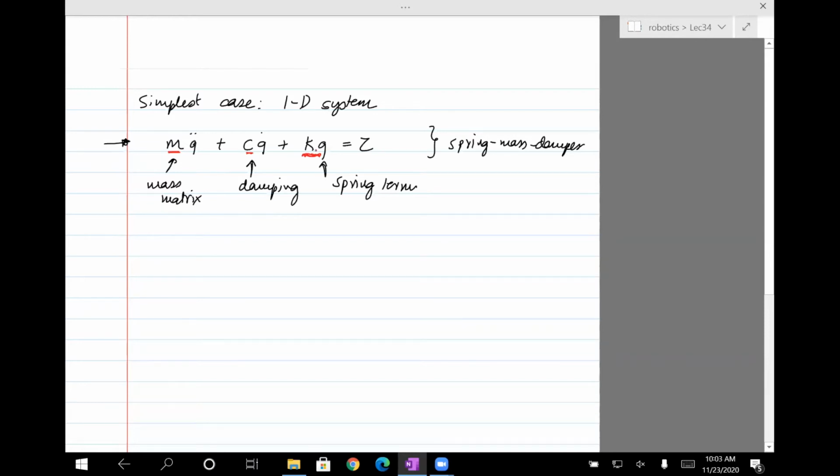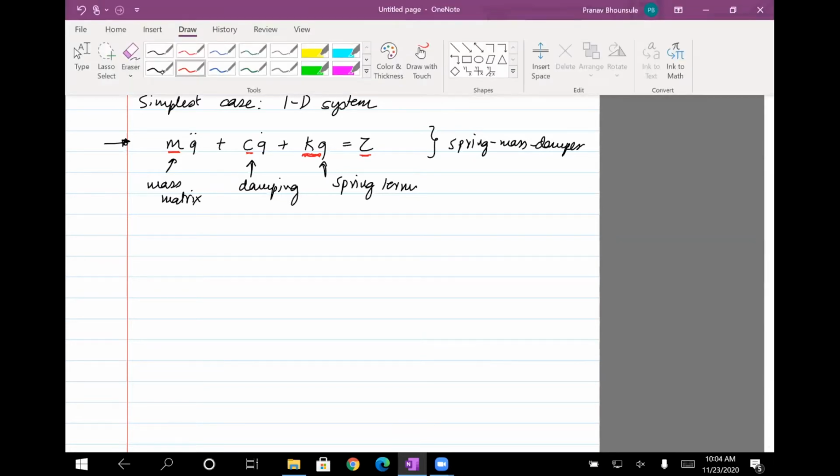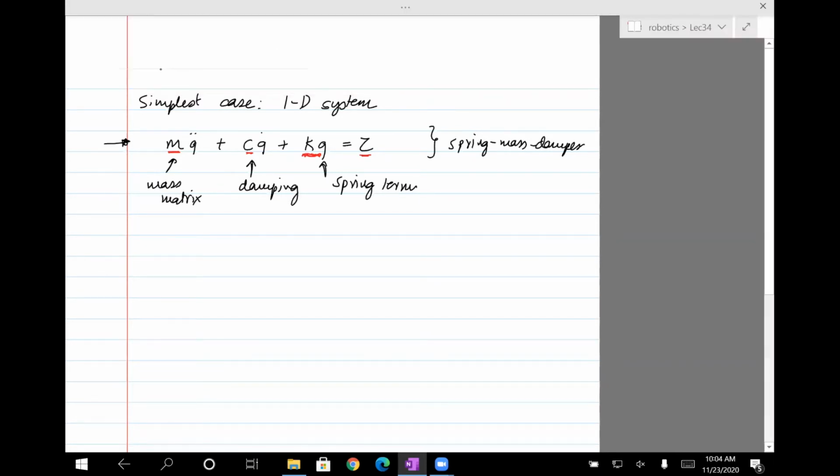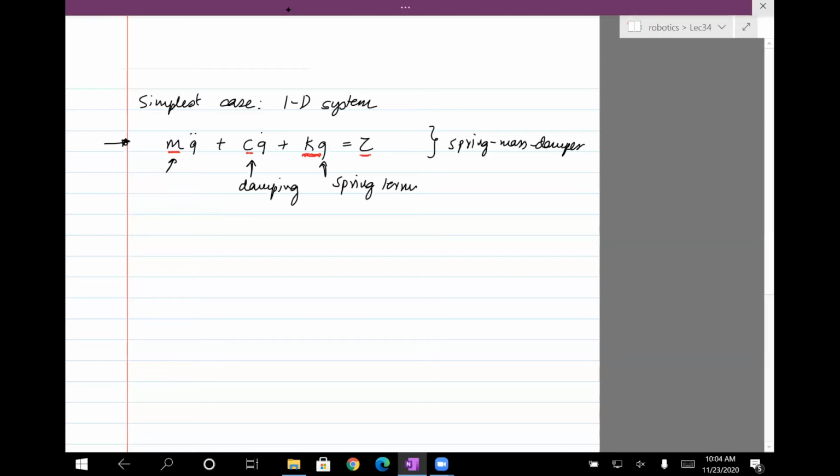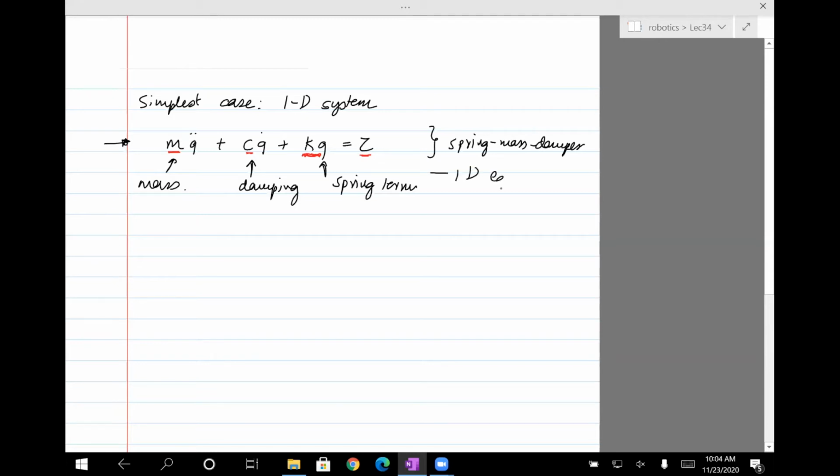A spring has a spring constant times the displacement, and then the torque remains as it is. Okay, so with this, I'm going to motivate some of the control techniques, and then we'll generalize this to a manipulator with n degrees of freedom. So here we're looking at a scalar term. So this won't be a mass matrix, but it'll be a mass term. Okay, so it's a one-dimensional equation.